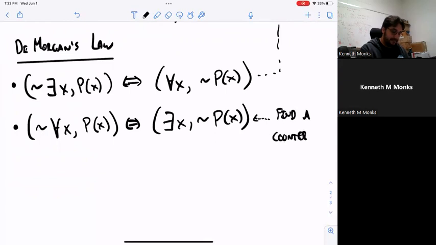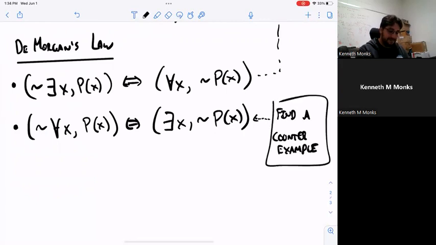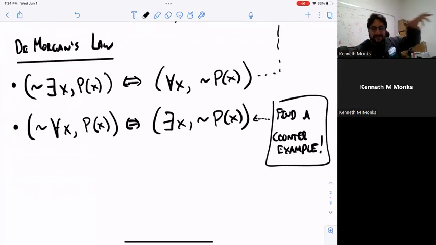Whenever you're tasked with finding a counterexample, right? It's disguised a little bit, maybe, but that's exactly what's going on in this second line with De Morgan's law.